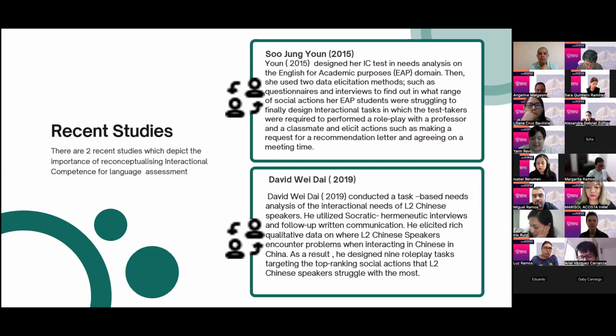And then he made different interviews using the Socratic hermeneutic interviews, and also written communication. From this study, he elicited a lot of qualitative data on where the L2 Chinese speakers encounter problems when interacting, in this case in China, with Chinese people.